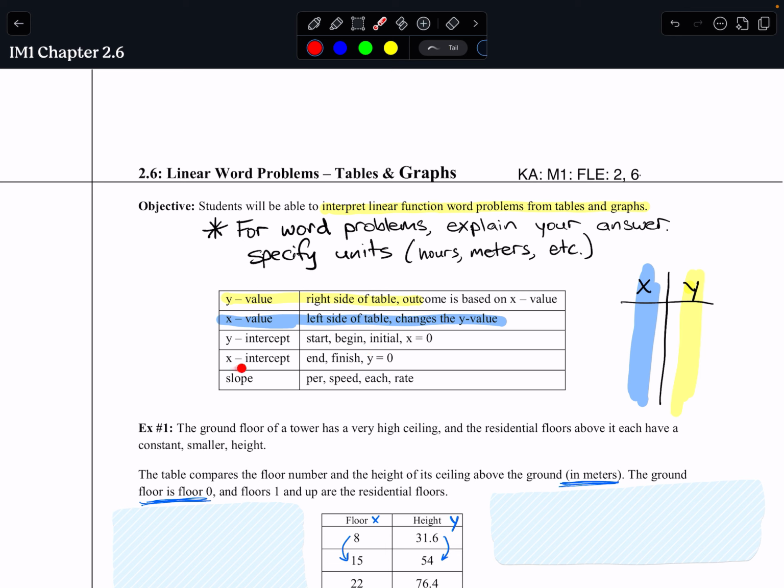This one isn't true for all word problems, but especially if you have something decreasing or going towards 0, once that y quantity hits 0, that's your x-intercept, it could be interpreted as the end or the finish of something happening in a word problem. And just a reminder, the slope, in a word problem, if you see words like per or speed, each, or something's changing at a constant rate, that's your slope.